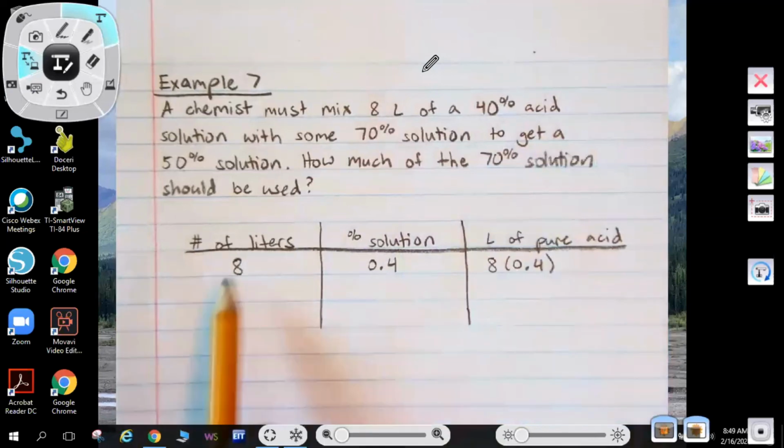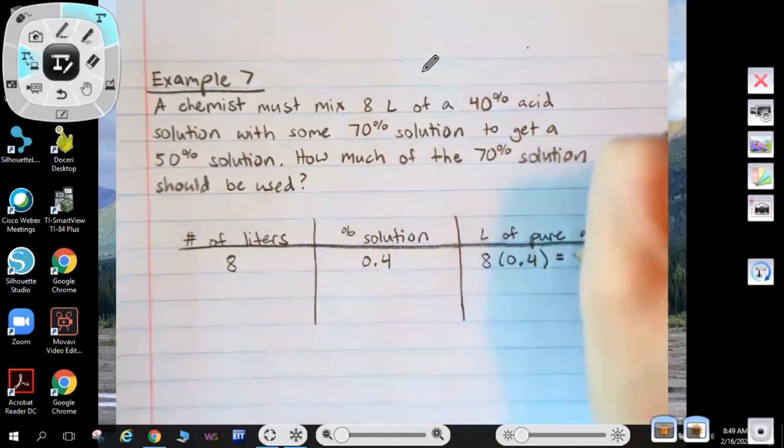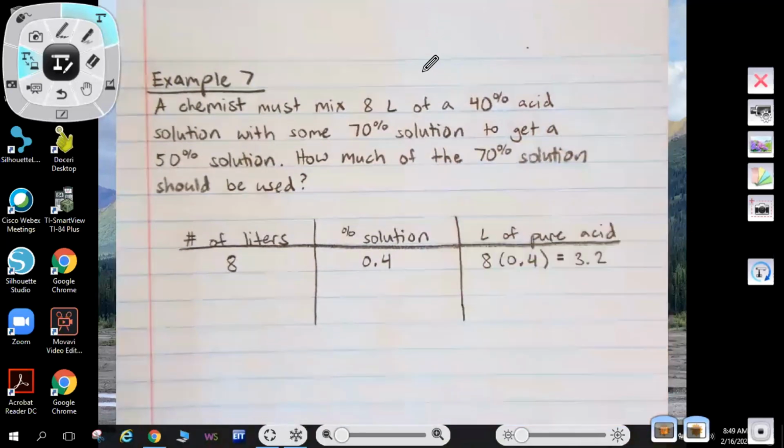If you multiply 8 times 0.4 in your calculator, you get 3.2. So in this 8 liters, there's 3.2 liters of pure acid. That's what makes it a 40% solution.